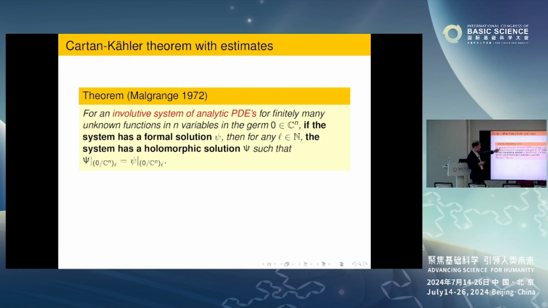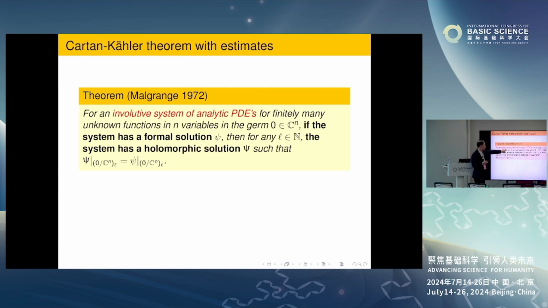It's not just any system of analytic PDEs, but if you have an involutive system of analytic PDEs for finitely many unknown functions, germ at one point, if the system has a formal solution, then there is a convergent solution.